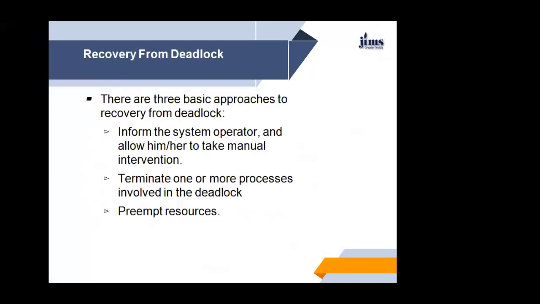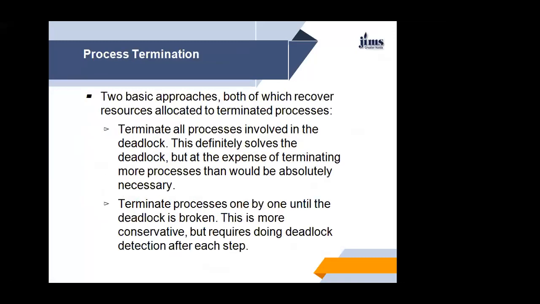Recovery from deadlock: there are three basic approaches. One is to inform the system operator and allow him or her to take manual intervention; another is to terminate one or more processes involved in the deadlock; the third is to preempt resources. Process termination has two basic approaches, both of which recover resources allocated to terminated processes.